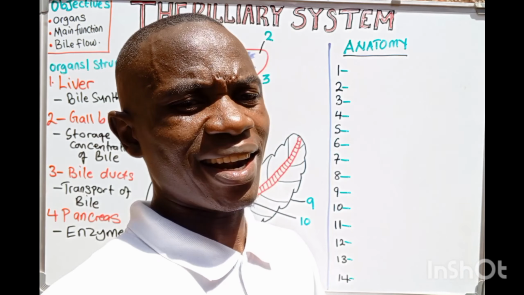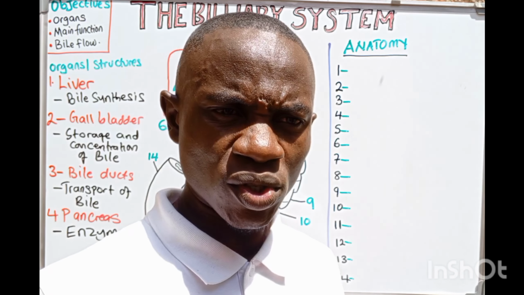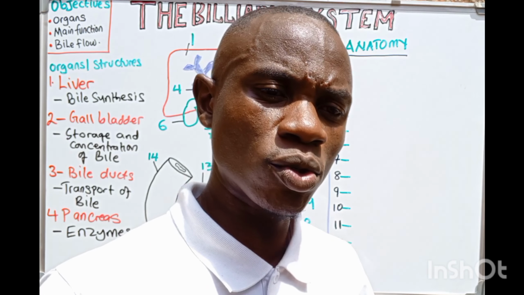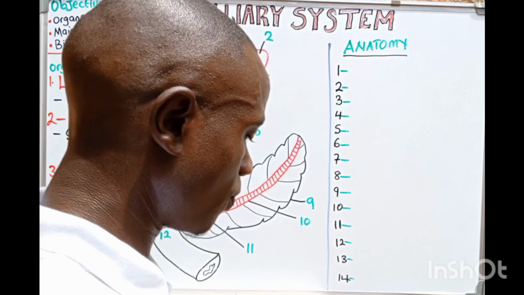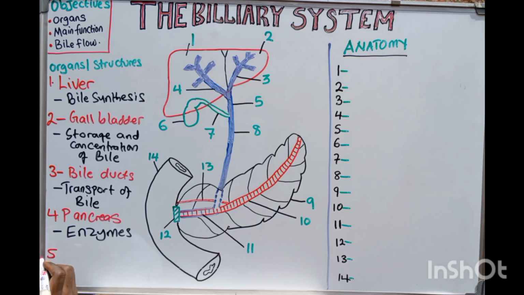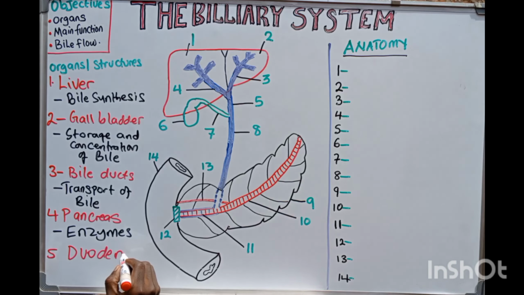The last one, which some people don't consider to be part of the biliary system but is also very important, is the small intestine, particularly the duodenum. The fifth one is the duodenum.